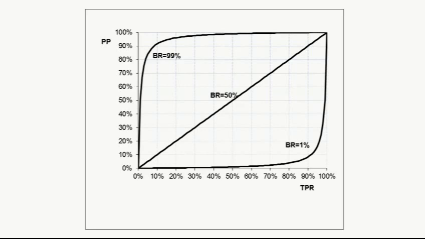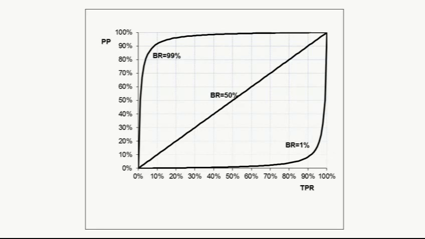It is obviously a positive relationship. The higher the TPR, the higher the posterior probability. But it's not linear, except when the base rate is 50%, i.e. under prior indifference. In that case, as we know, PP equals TPR, giving a 45-degree line. But if the base rate is lower than 50%, the relationship becomes convex, and increasingly so as BR tends to 0.